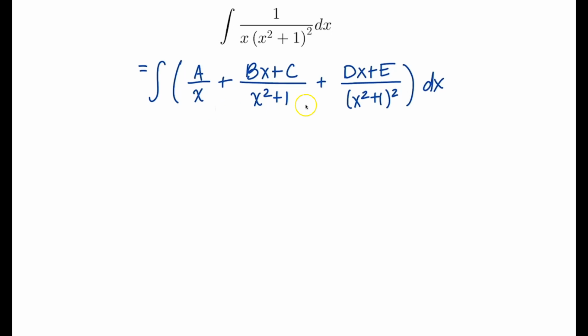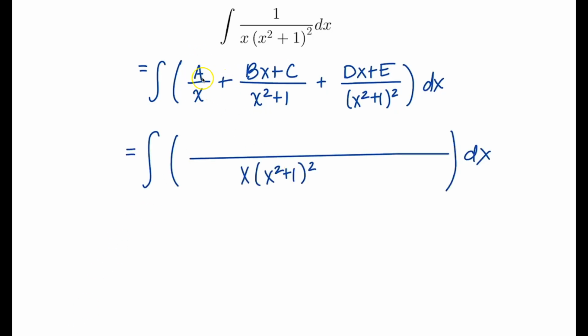We're going to put this back together with the common denominator of the original denominator in the rational expression. So this first numerator here, a, is going to have to get multiplied by quantity x squared plus 1 squared because the denominator doesn't have any of those.